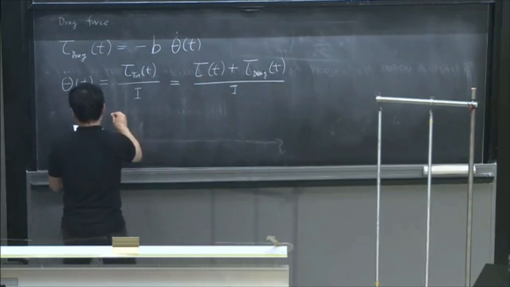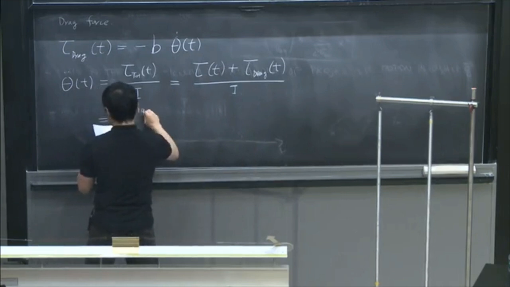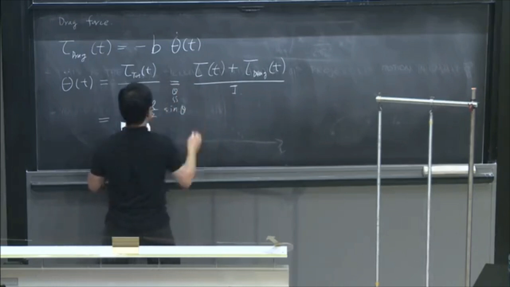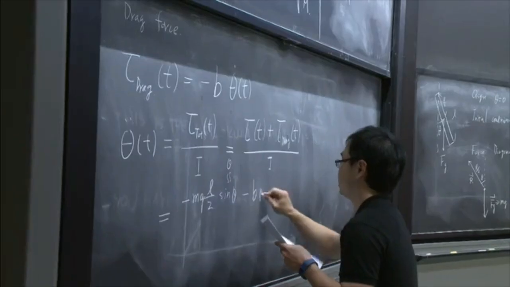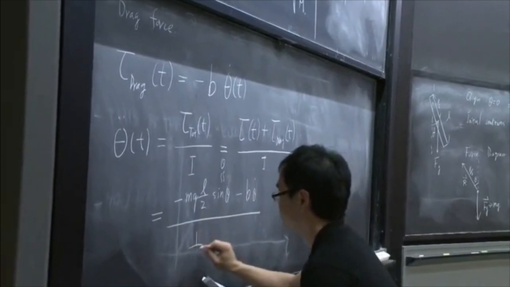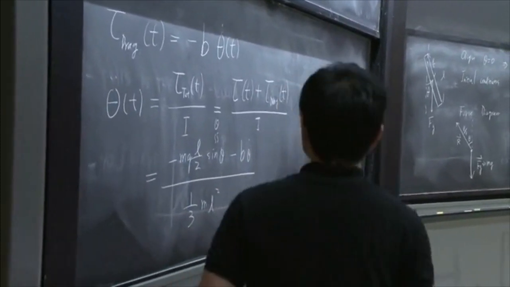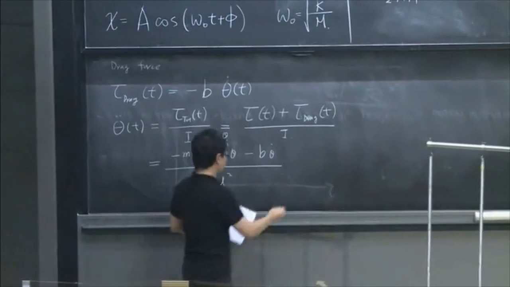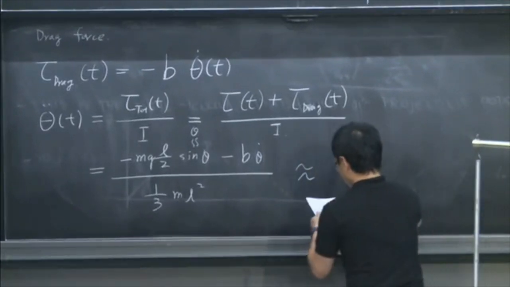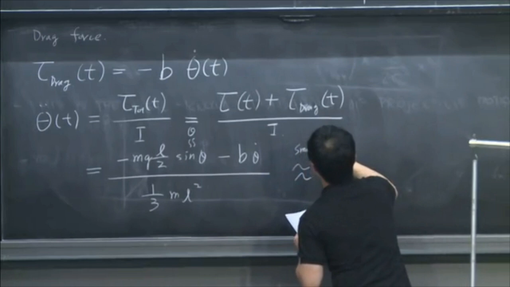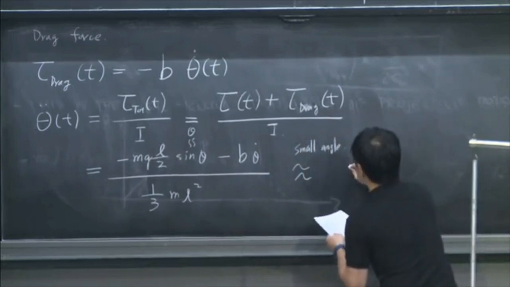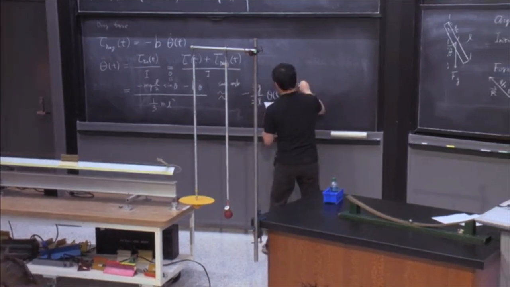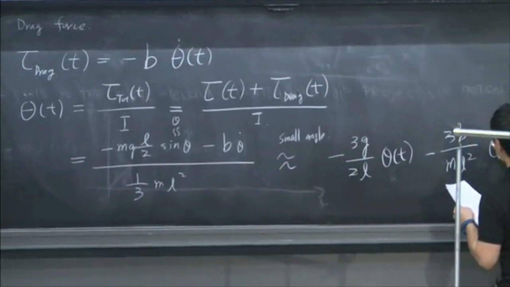If I simplify this whole equation, I get minus mgL over 2 times sine theta, which is roughly theta, minus b theta dot divided by 1/3 of ml squared. So you can see that I still make the approximation sin theta roughly equal to theta. Then I arrive at this equation in the small angle case: minus 3g over 2L theta(t) minus 3b over ml squared theta dot(t).